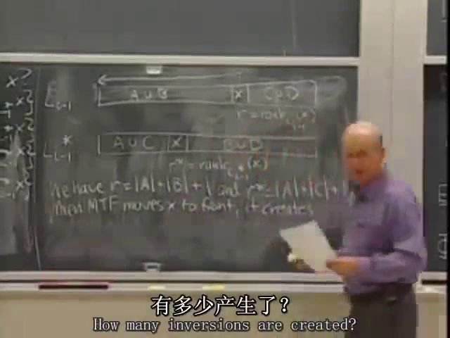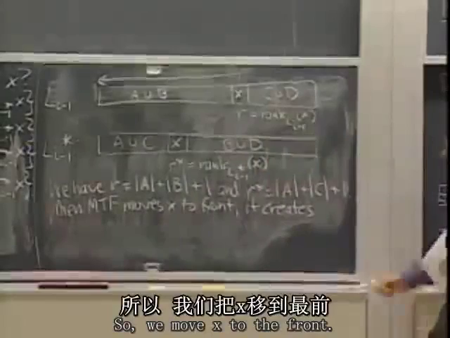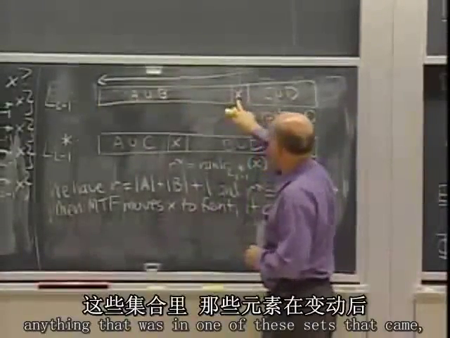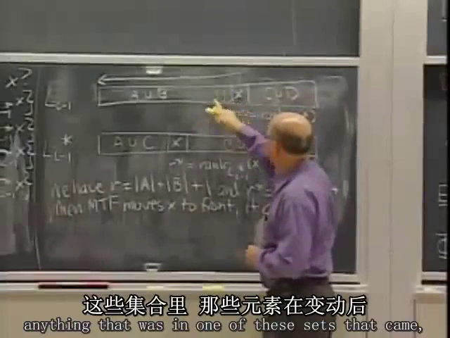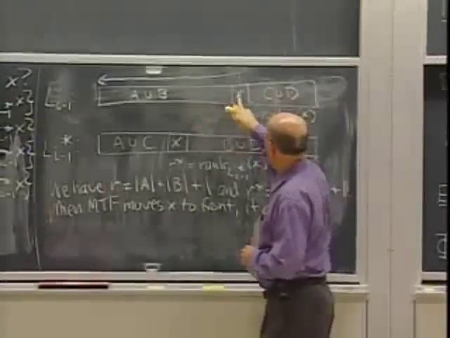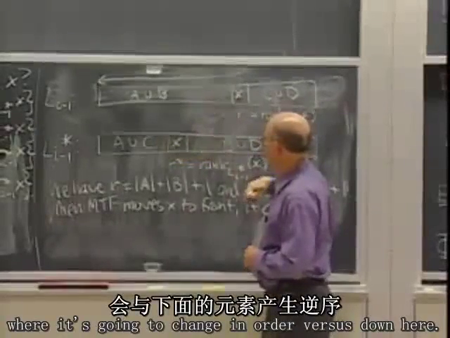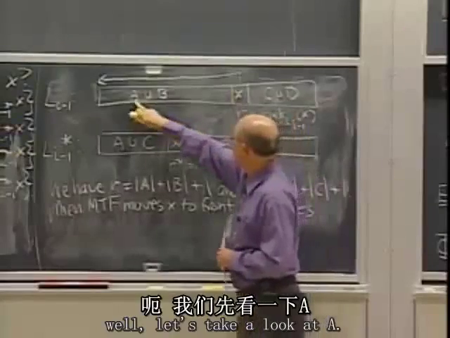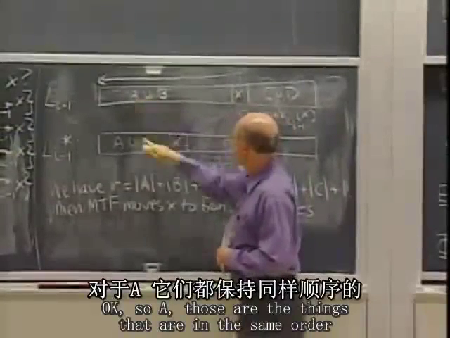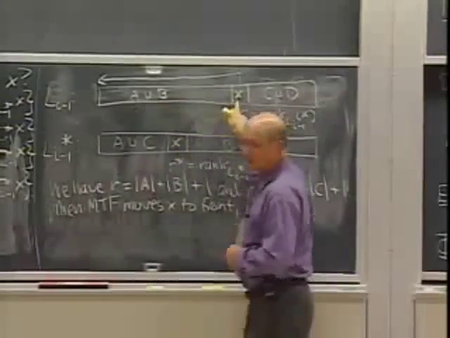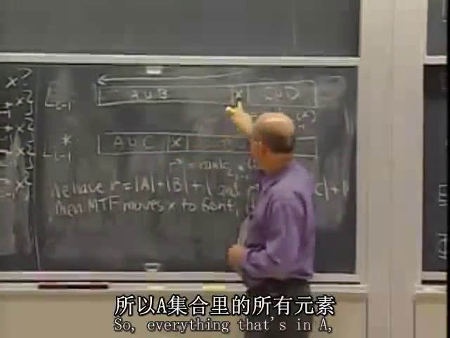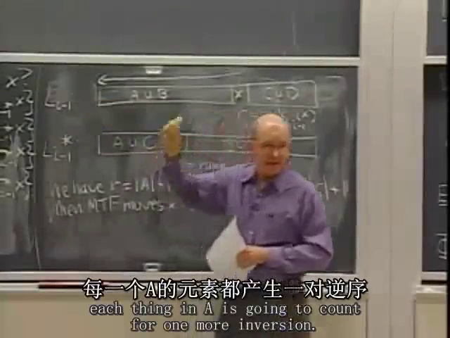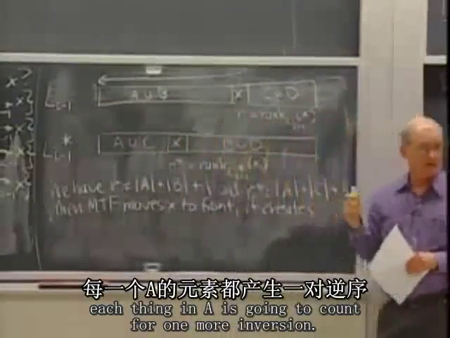What we're concerned about is anything that was in one of these sets that's going to change in order. Let's take a look at A. Those are the things that are in the same order in both. So everything that's in A, when I move X to the front, each thing in A is going to count for one more inversion. Does everybody see that?